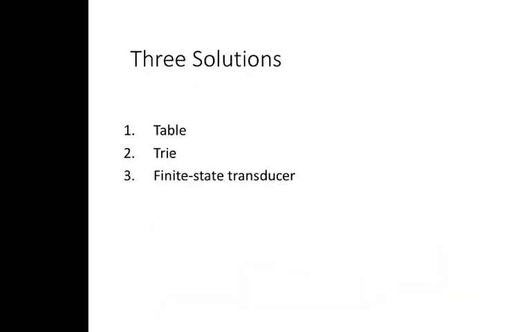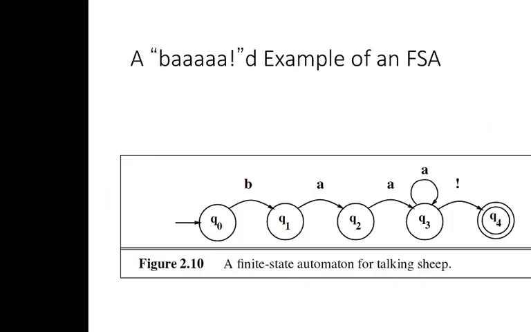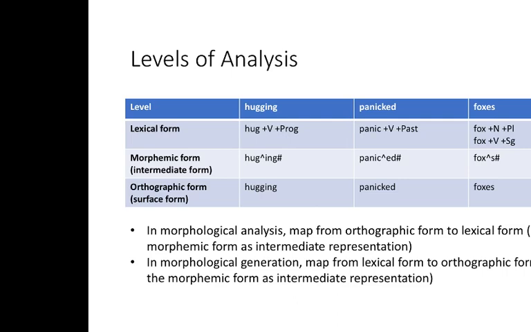So let's go back to my favorite slide here. Okay, so the idea is at the orthographic level, that's just how we write it. The lexical level, you have a lemma, which is like the dictionary form of the word, and then a list of inflectional features.